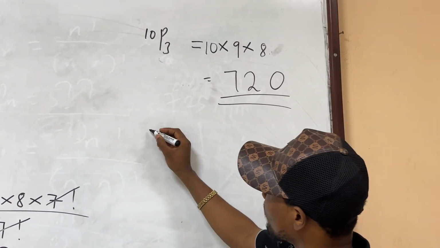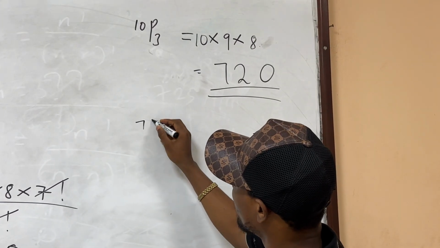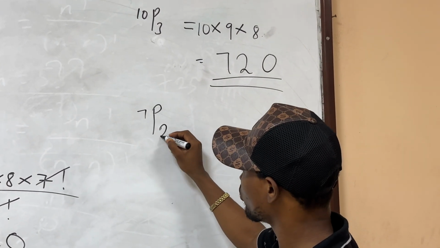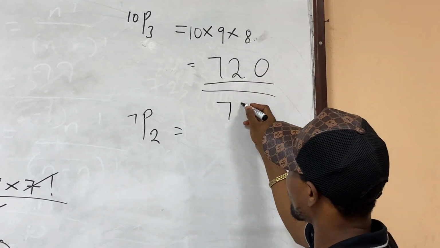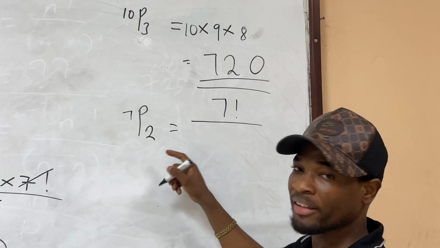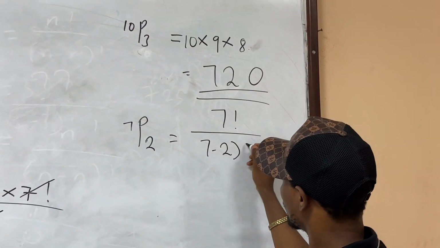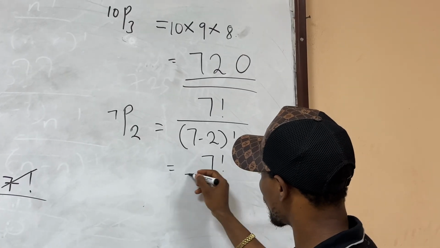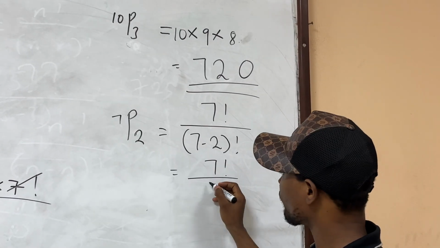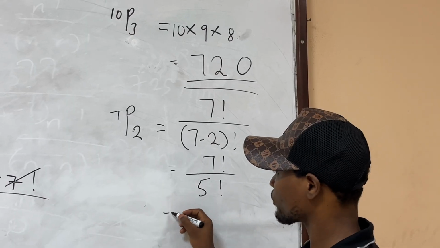So if I have 7 permutation 2, using the long way approach, what do we have? 7 factorial over the difference, (7 minus 2) factorial. Then I have 7 factorial over 5 factorial.